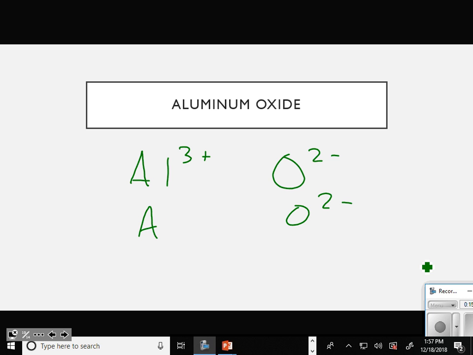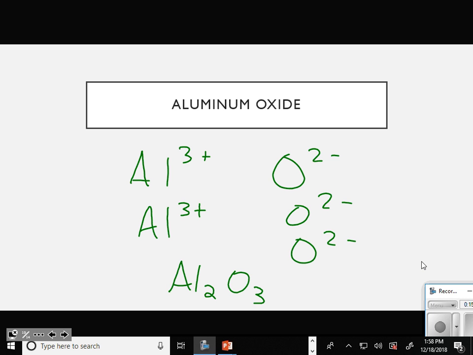So I need to add a second one of these and then a third one of these. So when I get to the bottom line, I have added 2 aluminums and 3 oxygens to get my net charge equal to 0.